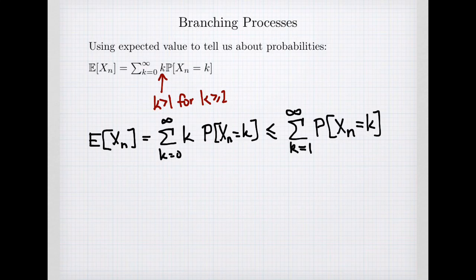I made the exact same mistake. Remember that the inequality was the other direction. k is bigger than or equal to 1. And so the expected value of x sub n is always greater than or equal to the probability that x sub n is greater than or equal to 1.